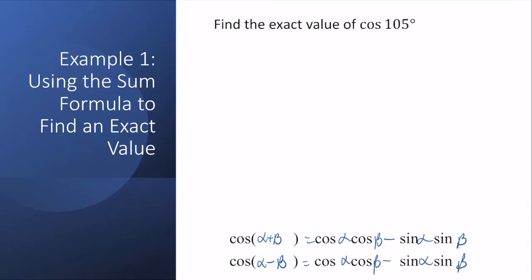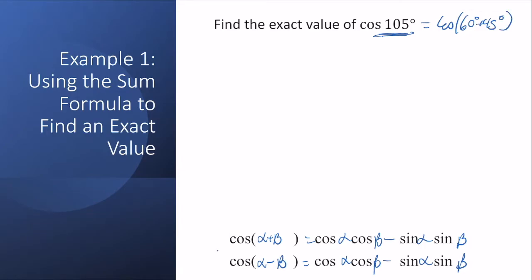So what if I want to find the exact value of cosine of 105 degrees? Well, 105 degrees isn't one of the angles labeled on our unit circle, but we could write 105 degrees as the sum of two angles that are in our unit circle. So we could write this as cosine of 60 degrees plus 45 degrees.